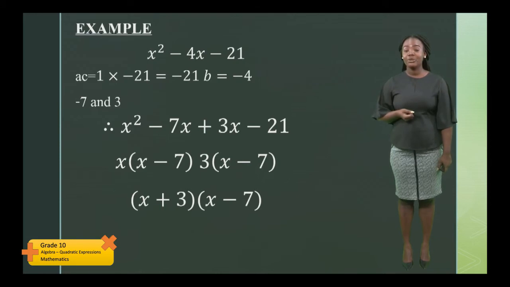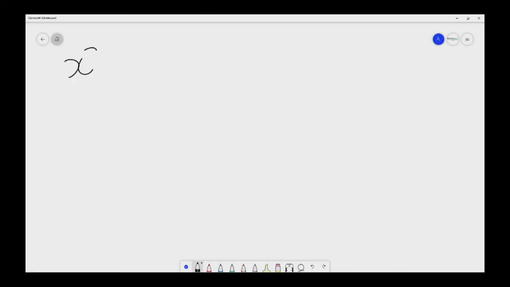Here we have yet another example. X squared minus 4x minus 21. So here I have AC yet again to be a negative value. But then I need to look at my factors for 21.